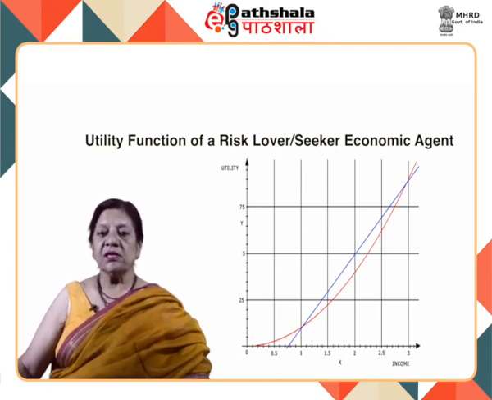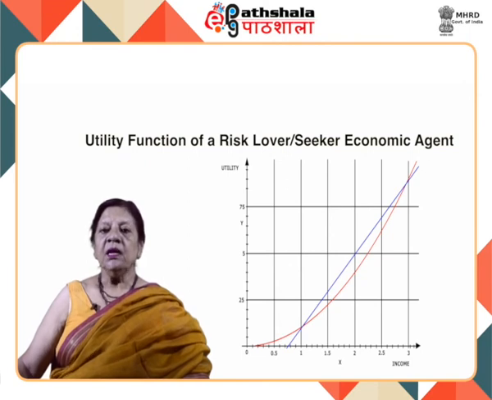In this case, the expected income of the risky prospect, that is E[y], is 2 units of income. It can be seen that the utility of the expected income of 2 units of income is 4.